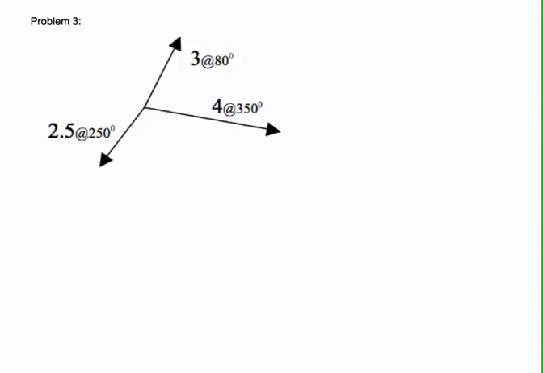We'll start with this vector, the 3. Our x is our adjacent, because that's our theta, and our y is our opposite.